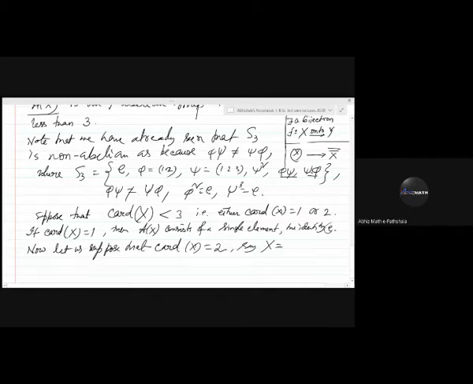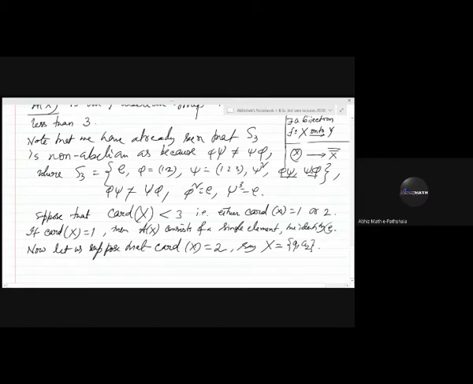Suppose you consider A1, A2. Then how many bijections can you define? Only 2 factorial, that means 2.